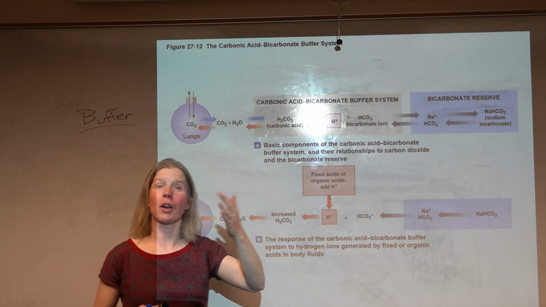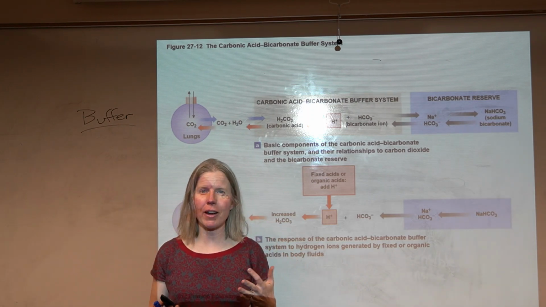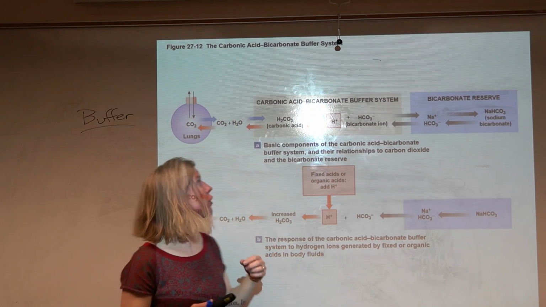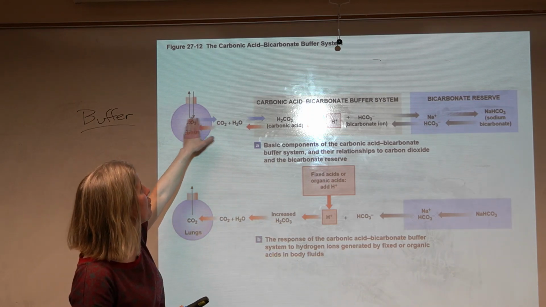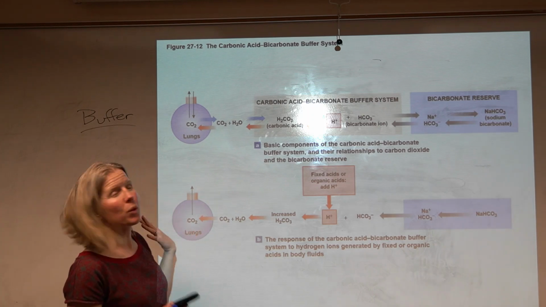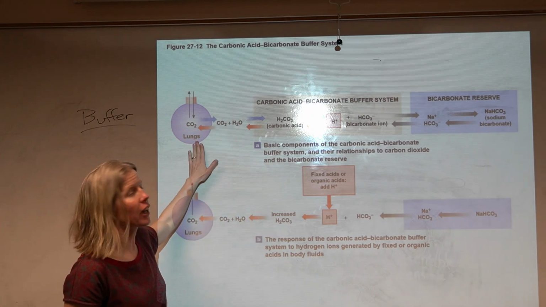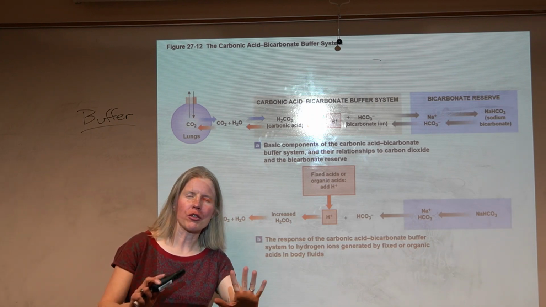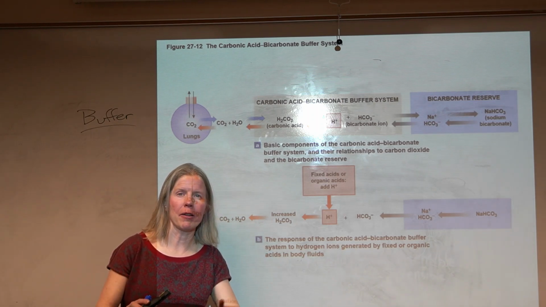But say you're having a problem with your respiratory rate, you're hyperventilating or something, then if there's a low amount of CO2 because you're breathing too fast, well, that's the problem, right? So the lung is not going to fix that one. We're going to need buffers or the kidney or something like that to step in, right?